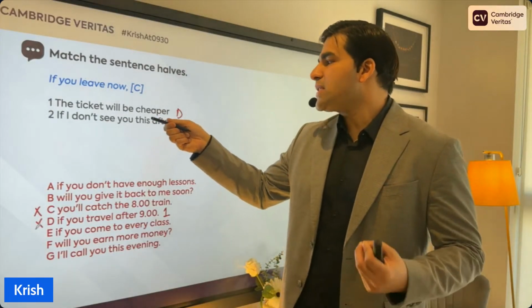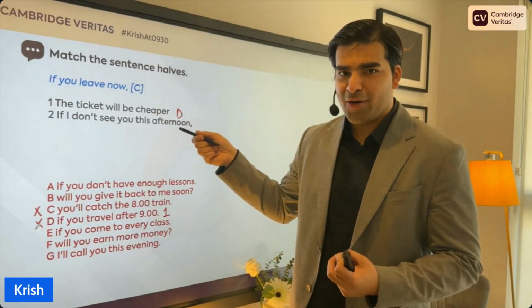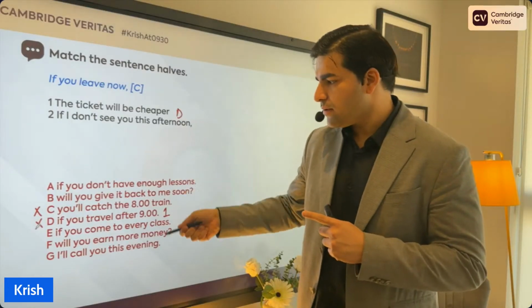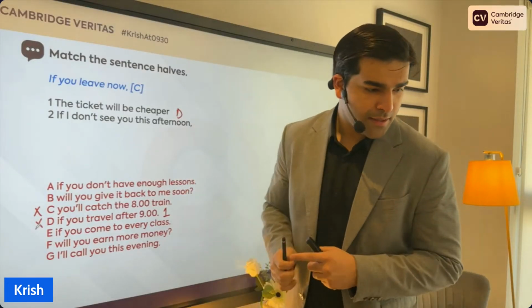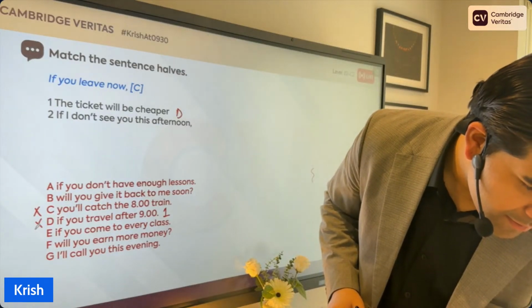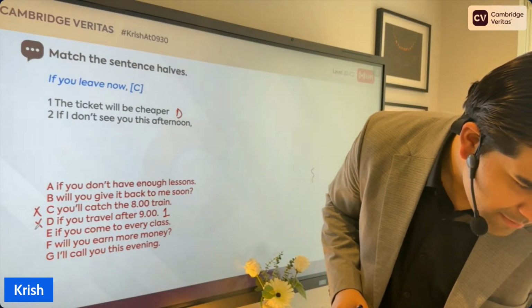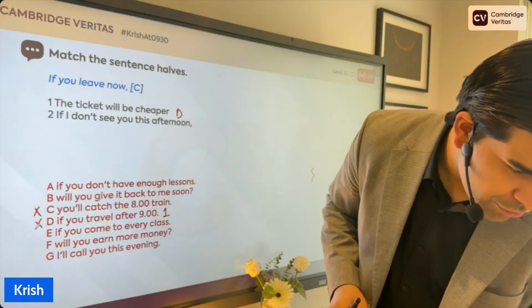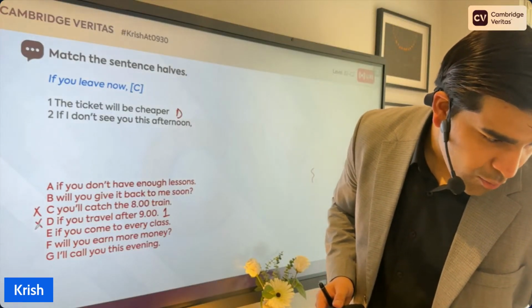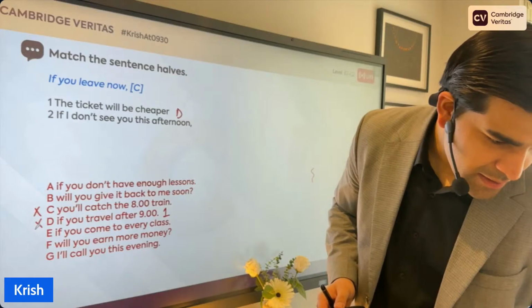Okay, number 2. If I don't see you this afternoon, what's going to happen? If I don't see you this afternoon, which one is it? Number 2. Waiting for your answers. G, okay.